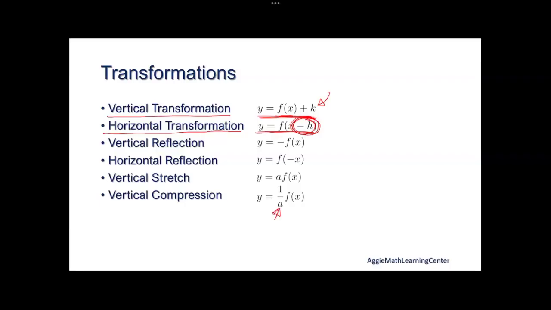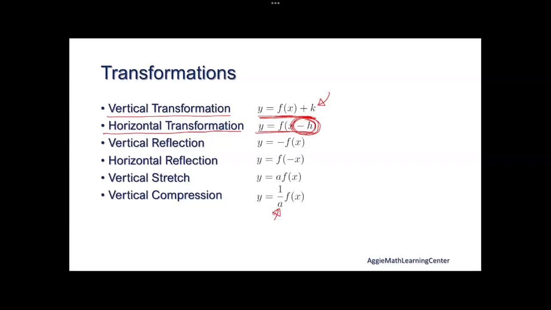So x minus h means you're moving to the right h, even though it says minus h. It affects the x directly, and it does the opposite of what you think. If we had an x plus h, we would be moving the parent function to the left. So it does the opposite of what you think when it's affecting the x directly.